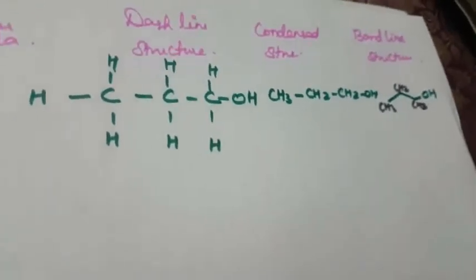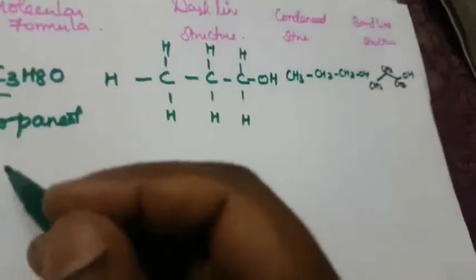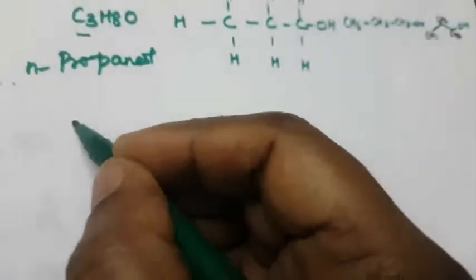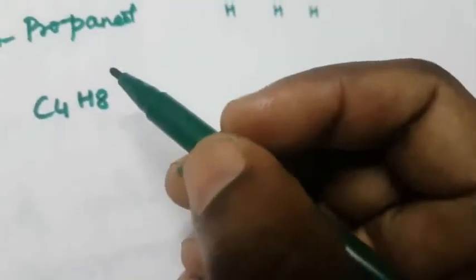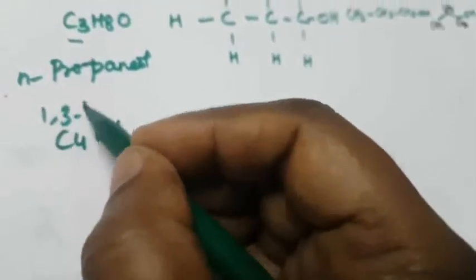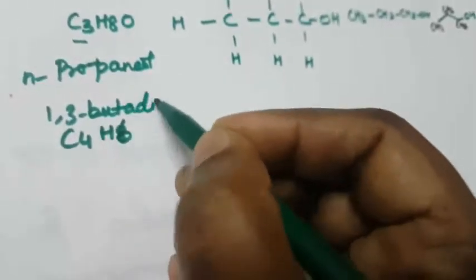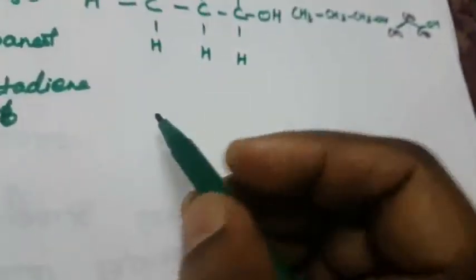So next one is 1,3-butadiene, C4H6. How to draw it?